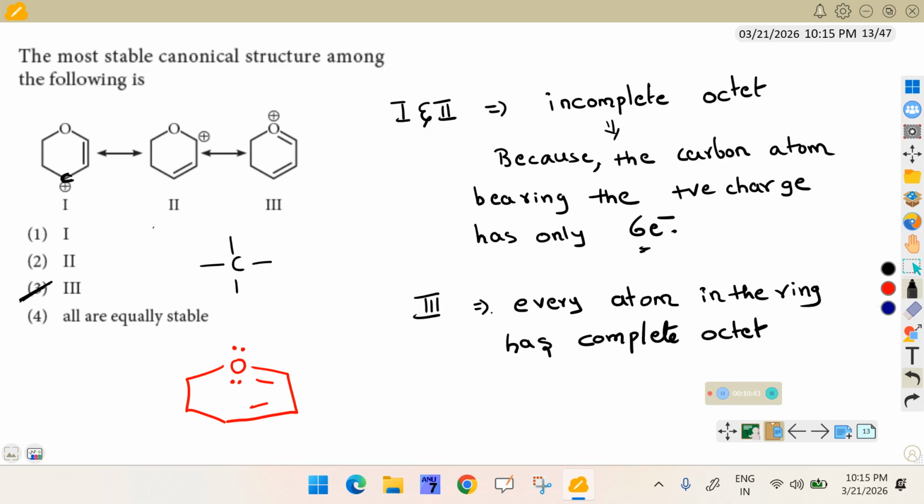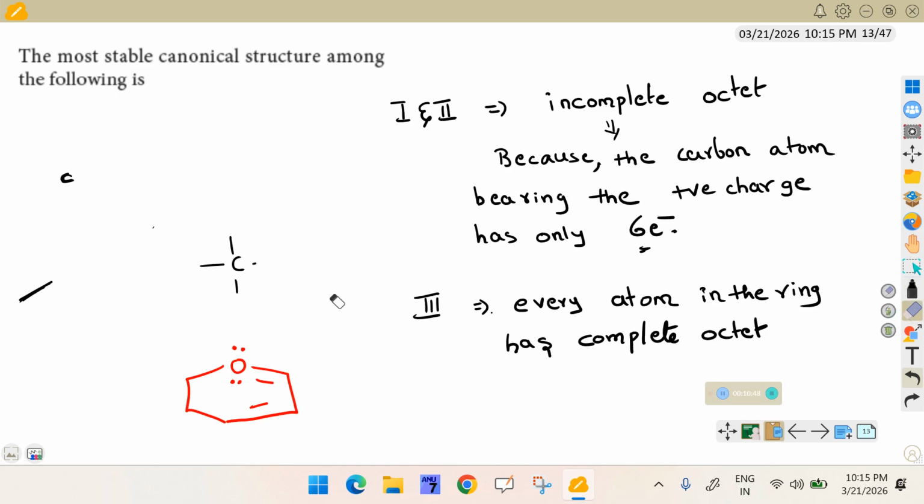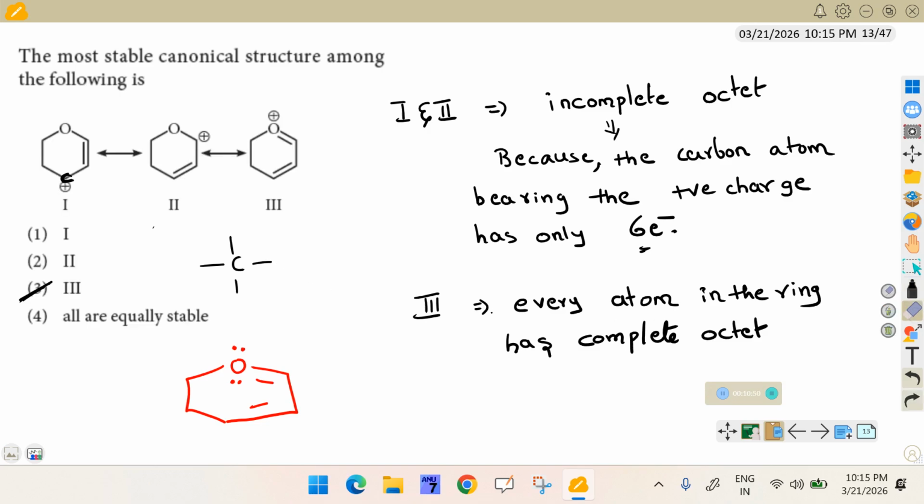But in this structure, carbon contains a positive charge, meaning carbon has lost a pair of electrons. Around carbon, 3 bonds or 6 electrons are present. Those two structures will not follow the octet rule. So the first one is unstable as well as the second one.